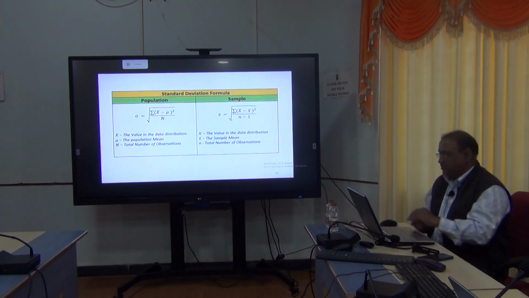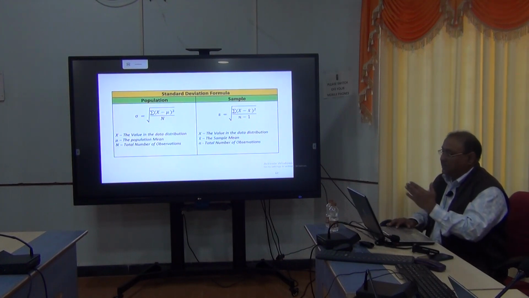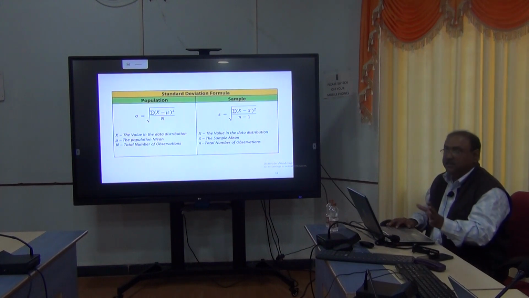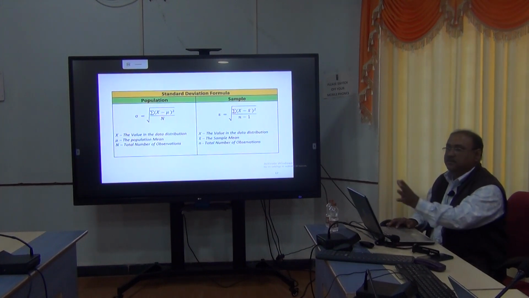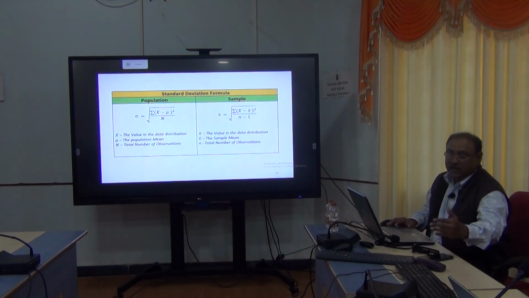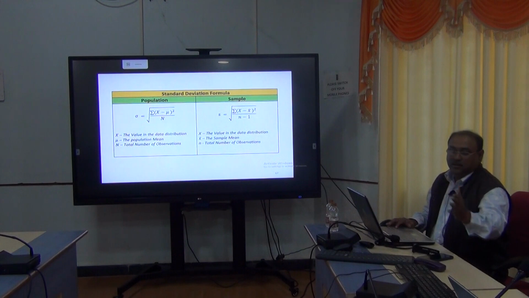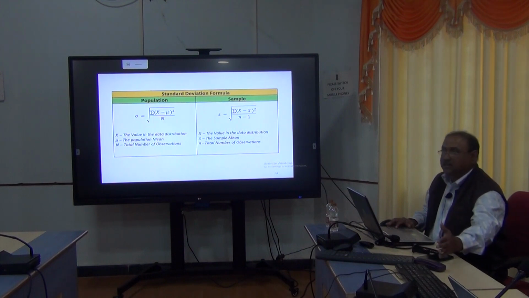Since most of this is done in statistical packages, it is basically a machine: you put in some input and some output comes. But you should know whether the data you have entered in those packages is a population or a sample, and accordingly your interpretation will be per population or sample.